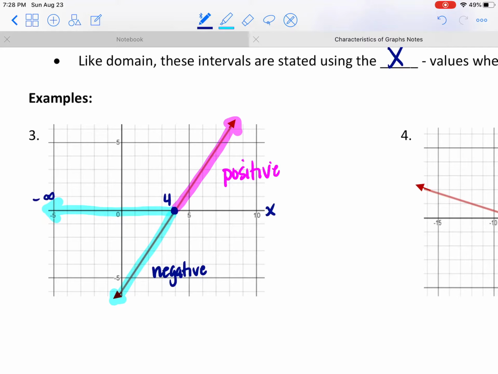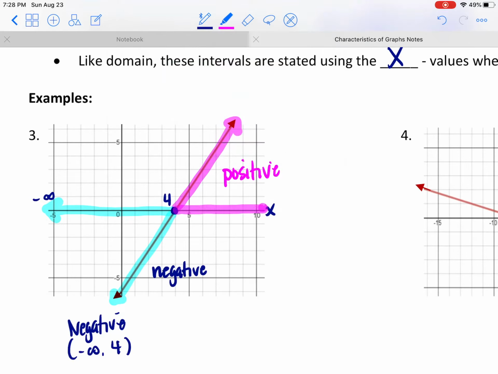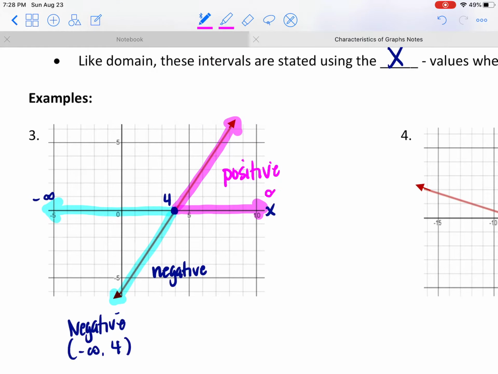So this is going to be negative from negative infinity to 4, and then everything after 4, from 4 to positive infinity, is going to be positive. So this is going to be positive the rest of the way, from 4 to infinity.